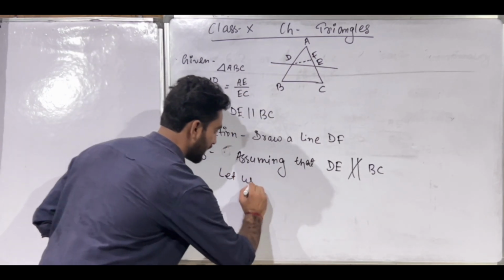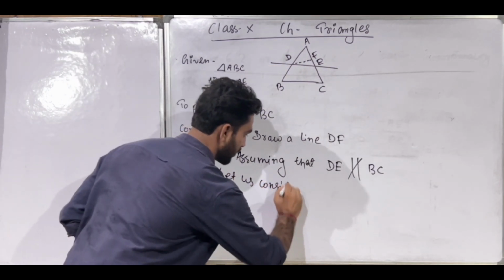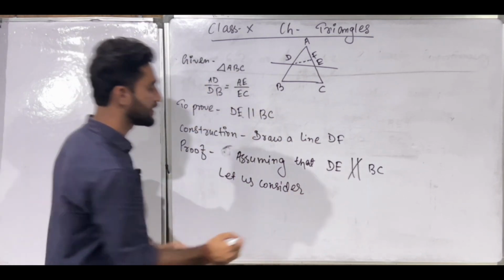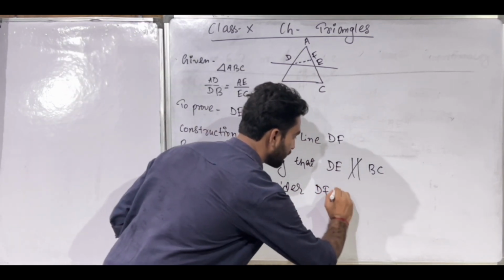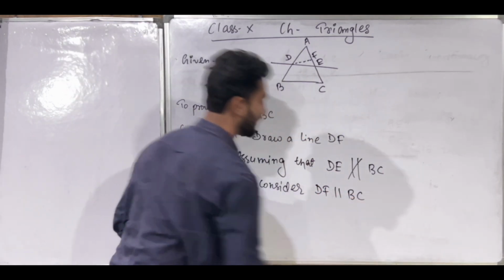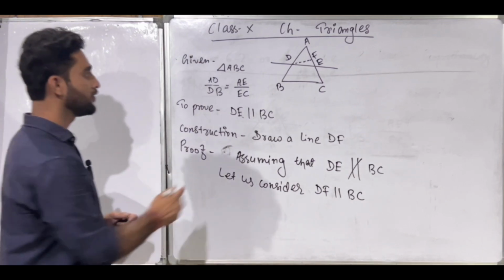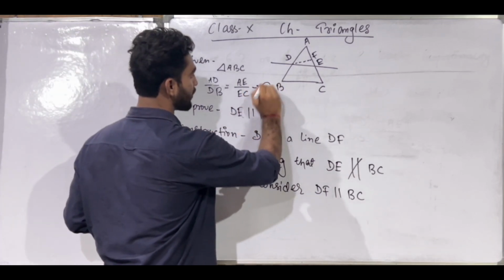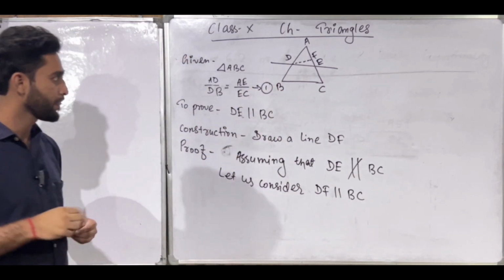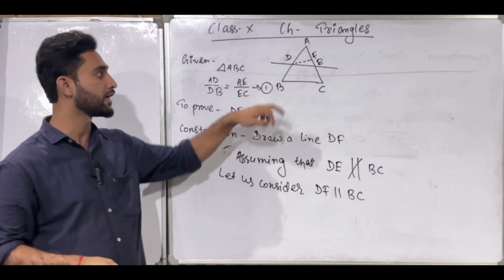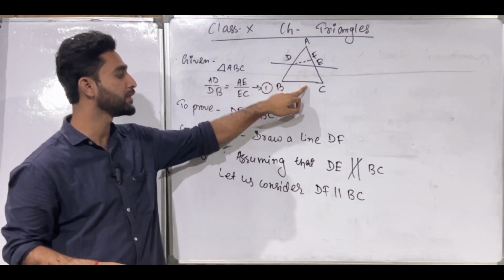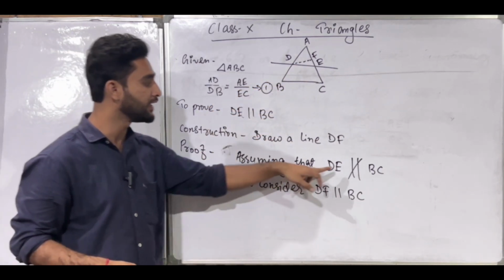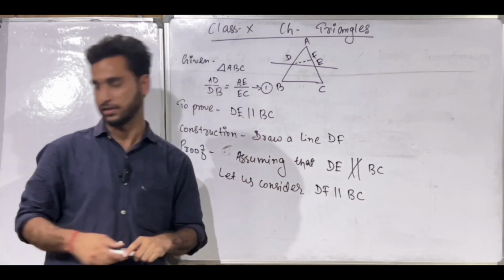Give this as equation number 1. See, we have to prove DE is parallel to BC, but we have considered that DE is not parallel to BC.